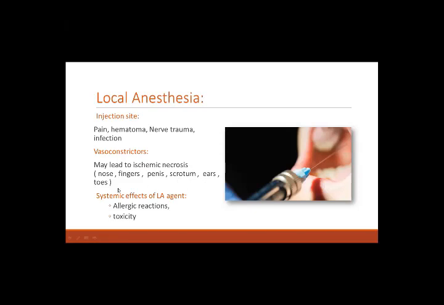These are the places which have an end arterial system with no collaterals. In these places it is absolutely contraindicated to use adrenaline or any vasoconstrictor agent along with your local anesthetic. In addition to this, allergic reactions and toxicity can also occur. These would affect 1 in a million persons.